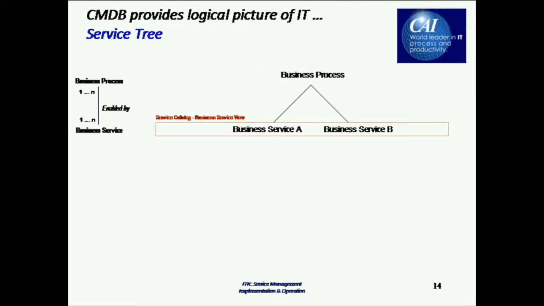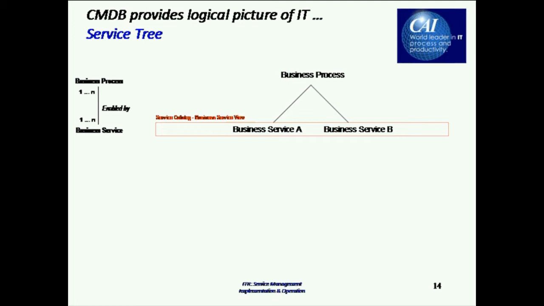With that, what is the logical picture of IT? If we think about business processes, they are managed and owned by the business. For example, in the case of eBay, their business processes can be online searching, product selection, checkout, and so on and so forth. In the case of a manufacturing organization, one of the business processes can be supply chain management. That's the level that we're talking about.